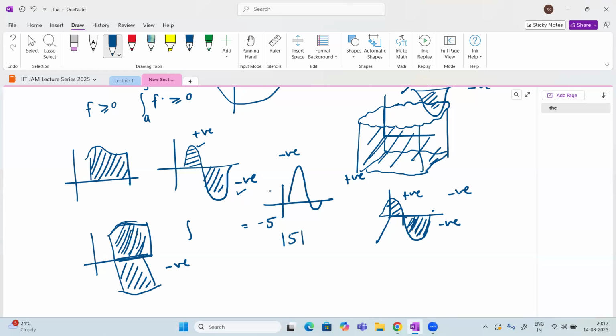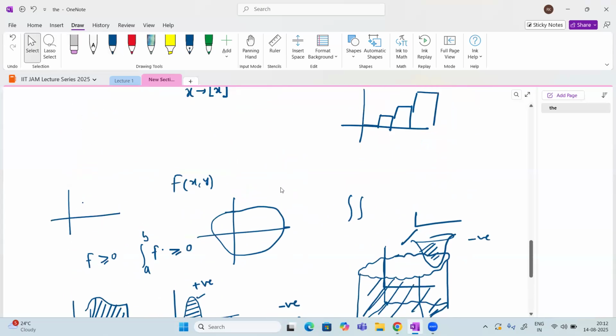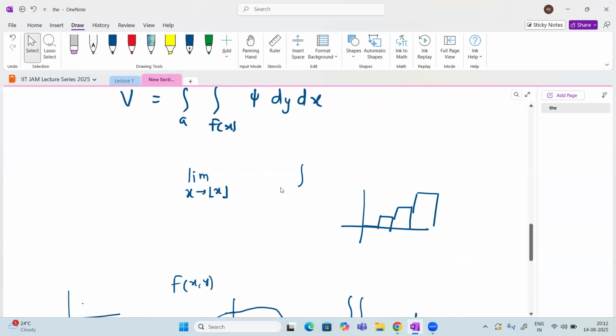Okay, sir. Now it's clear. Sir, in a figure, if the area is on the positive side, we calculate it, and then we take the mod of the negative part of the function which is on the negative side.